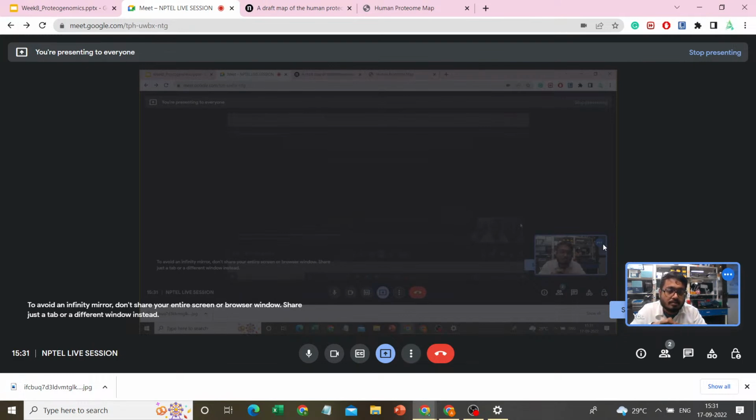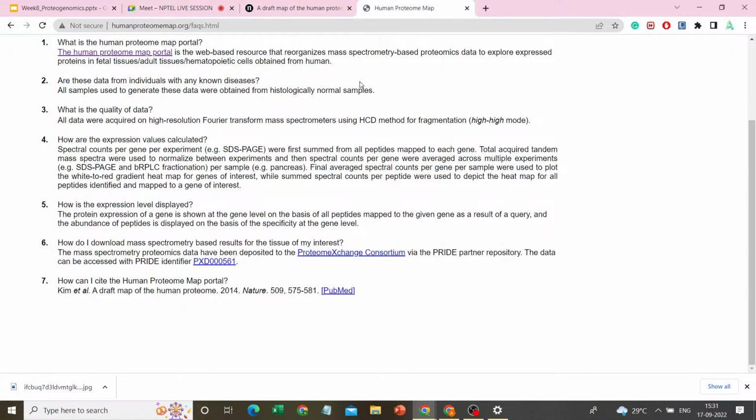If you have samples of some rare liver diseases and don't have normal liver samples, you can download this data, do a match, and identify the proteins that can be taken as prognostic markers or biomarkers. So this is the data and how to cite.